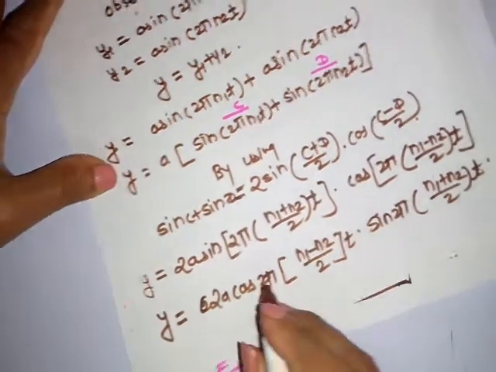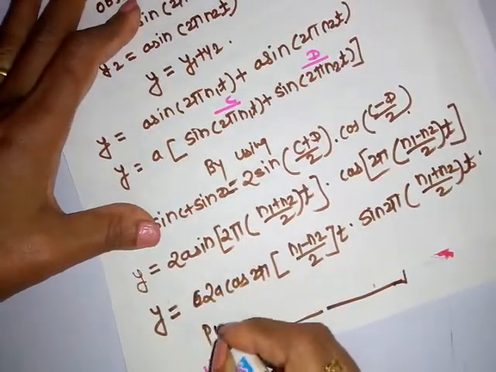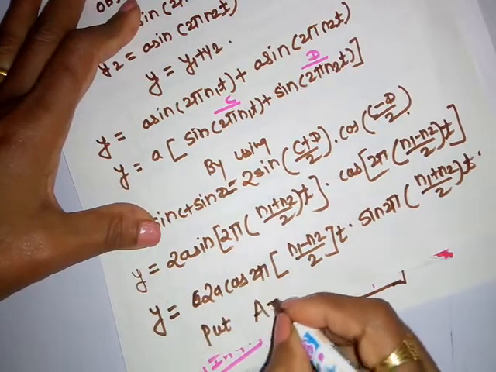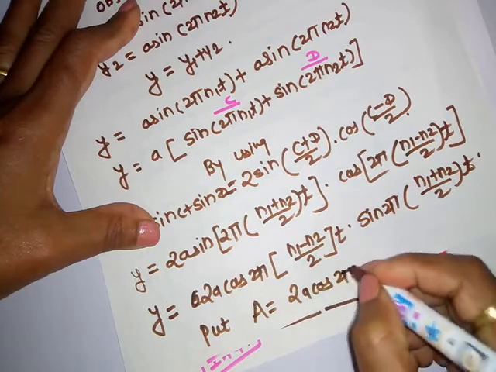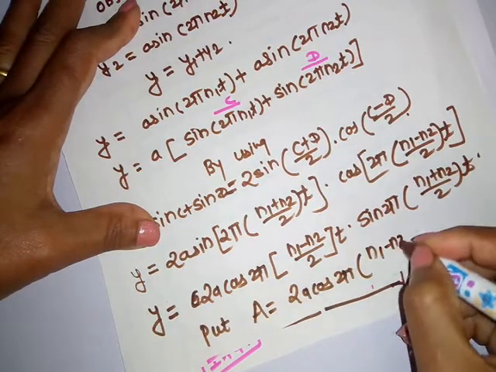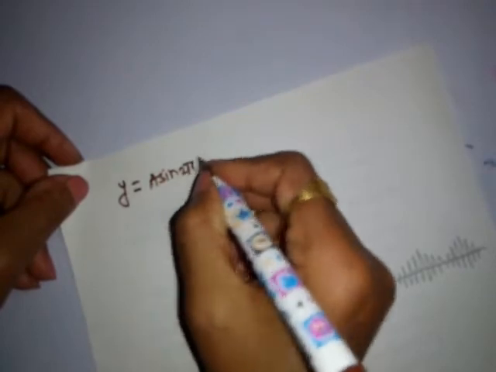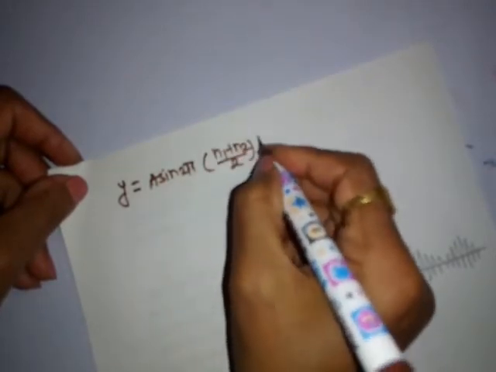Now for the simplicity of our equation, put capital A is equal to 2a cos(2 pi (n1 minus n2) upon 2 into t). Then the resultant displacement becomes y is equal to A sin(2 pi (n1 plus n2) upon 2 into t).